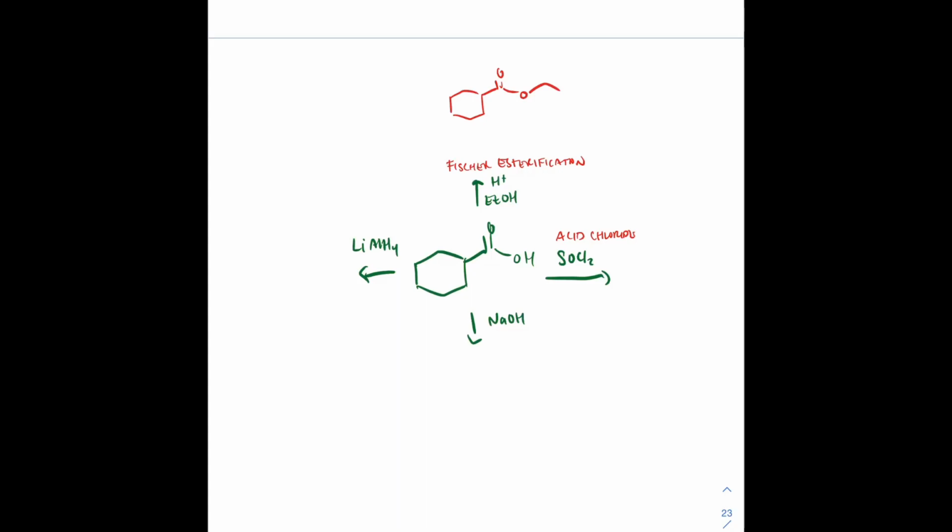When you have it in the presence of thionyl chloride, boom, think acid chloride, just jump straight to that. Sodium hydroxide is just an acid-base reaction, so you deprotonate the carboxylic acid and make a carboxylate.